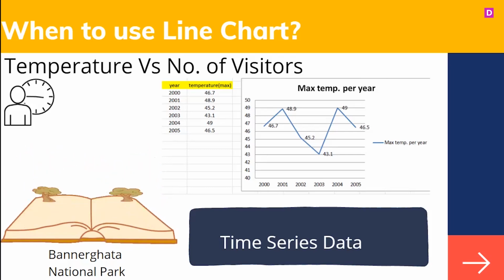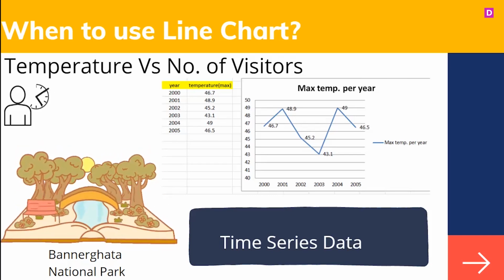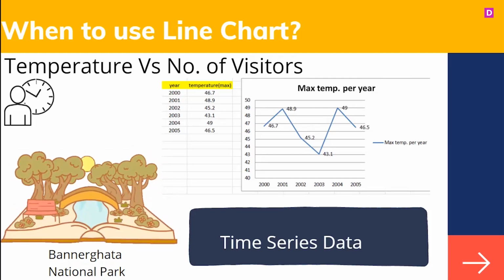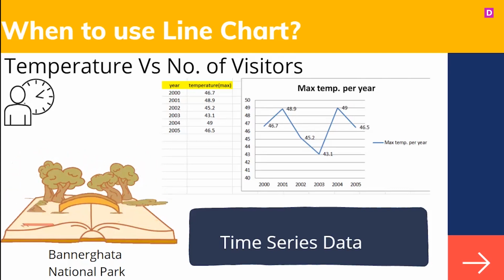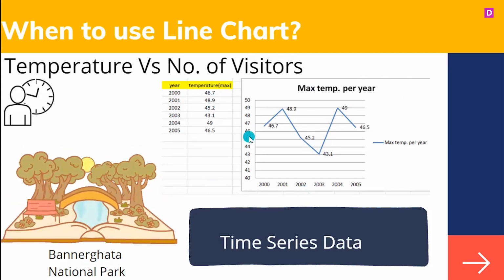And whenever you have to deal with time series data and you want to perform some kind of visualization with it, the right choice is to use your line chart. The simplest example which we have plotted from Excel is available here.